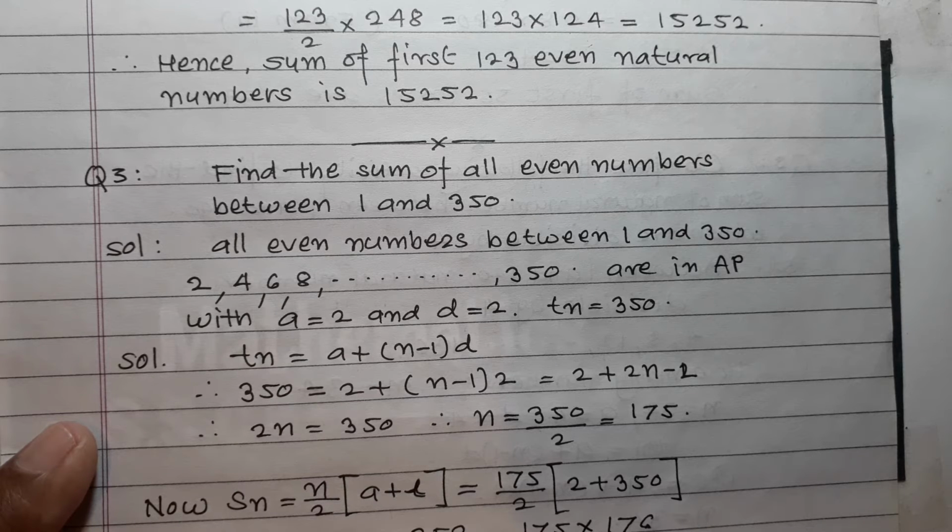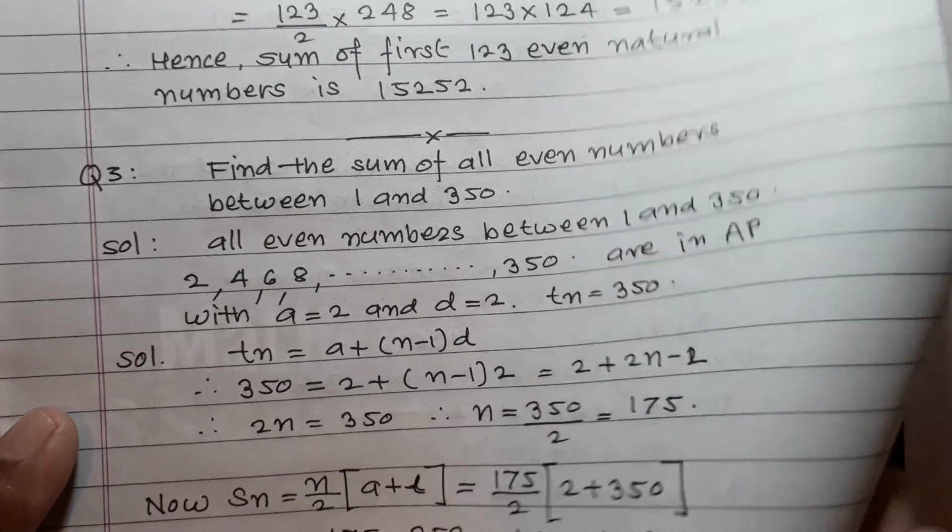So 175 upon 2 into 352 is equal to 175 into 176, and if you multiply this, you will get S175 is equal to 30,800. Hence, sum of all even numbers between 1 and 350 is 30,800.